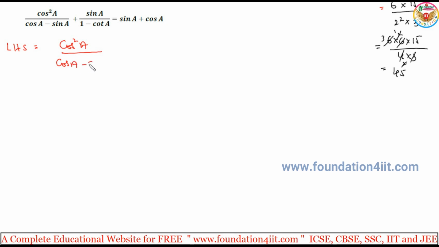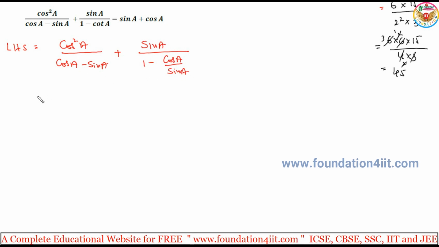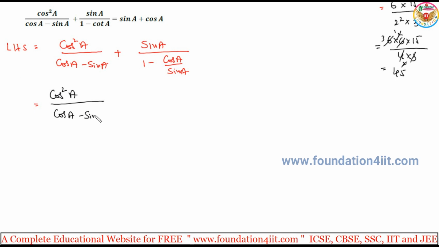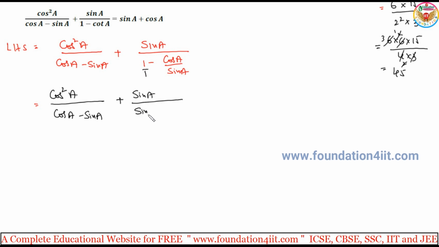Do LCM here: 1 minus cos a by sin a becomes sin a minus cos a divided by sin a.